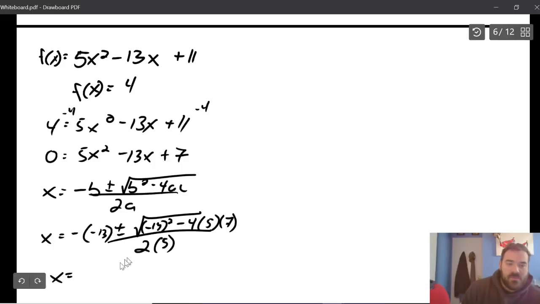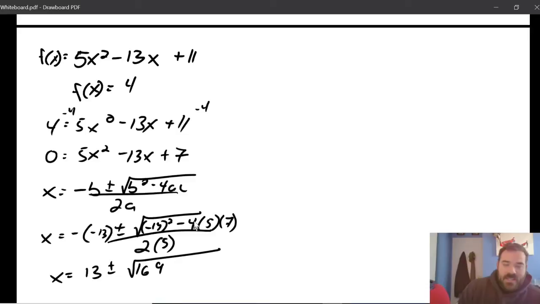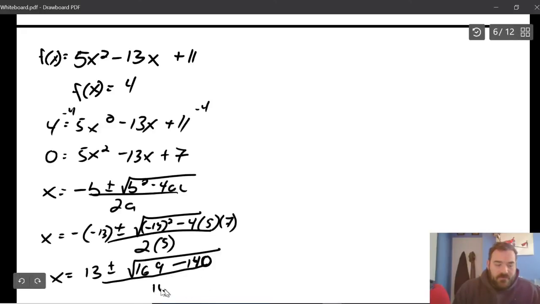X is equal to positive 13 plus or minus the square root of, it's going to give me positive 169. I take this negative with me for negative 4 times 5, so it's going to be negative 20 times 7. So 20, 40, 60, 120 plus another 20, so negative 140, over 10.